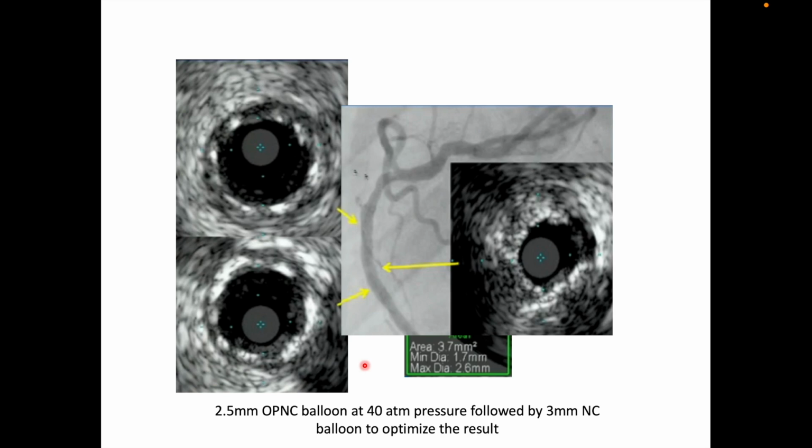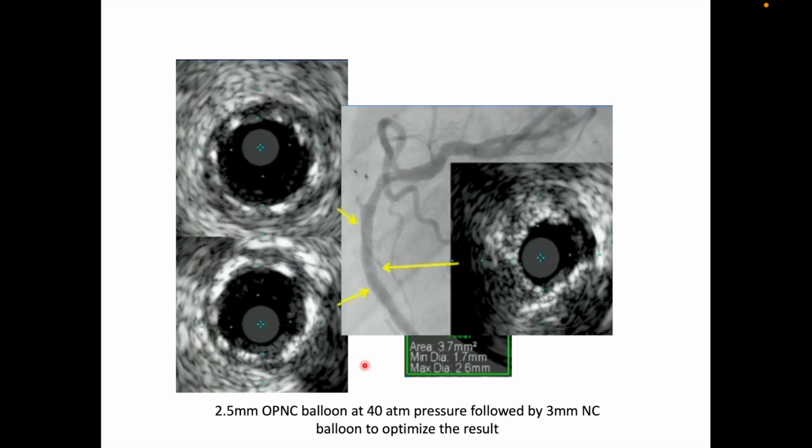With OPN, my policy always is that I don't go 1-to-1 size. I always undersize my OPN, because the risk is that if you go 1-to-1, the calcium on the outer side can actually cause a perforation or vessel rupture.